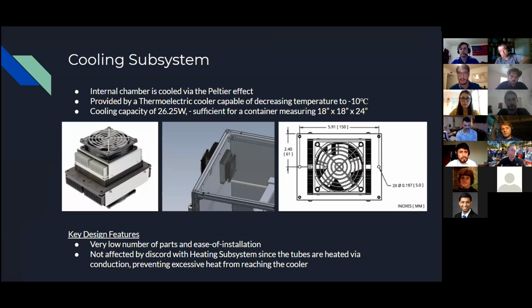The Peltier effect is also often referred to as the thermoelectric effect. It's essentially a conductive method where there are two plates within the cooler itself, one on each side with heat sinks on both sides. You can run a DC current through the device in either direction to drive heat from one side to the other or the opposite.